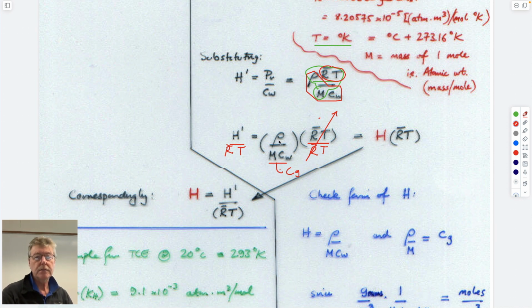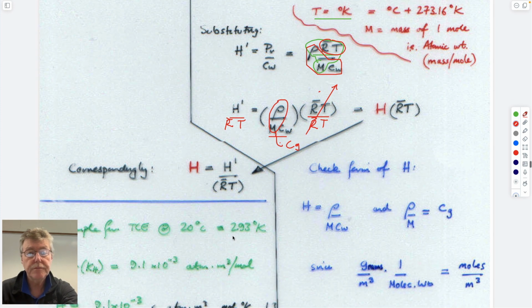So the density of that, sorry, these two here give you the concentration of that gas, right? The density of that particular compound divided by its molar weight gives you gas content. And so these two terms are just the values of the Cg over Cw.